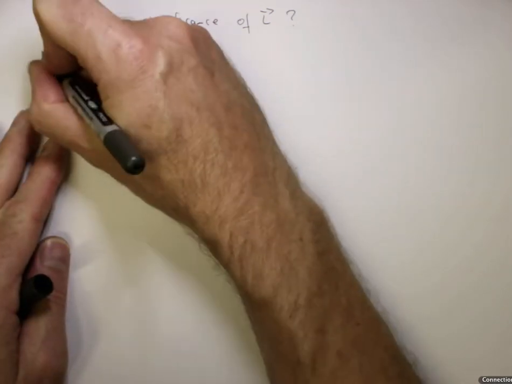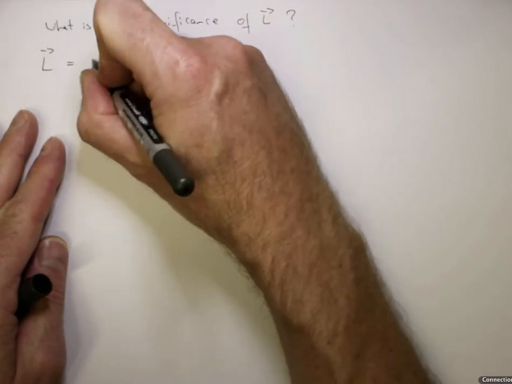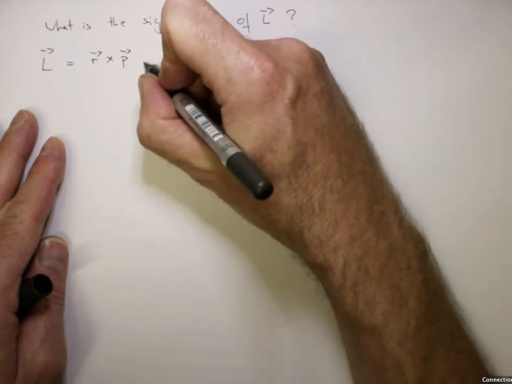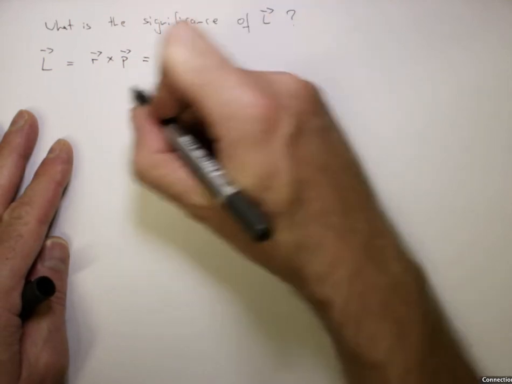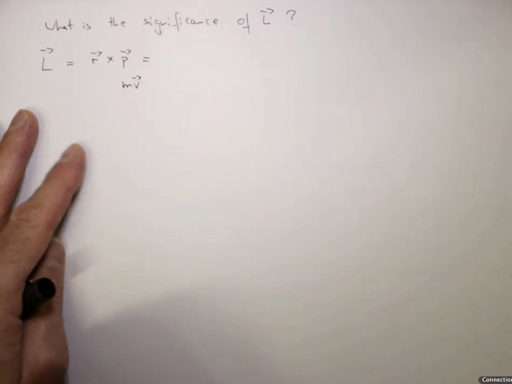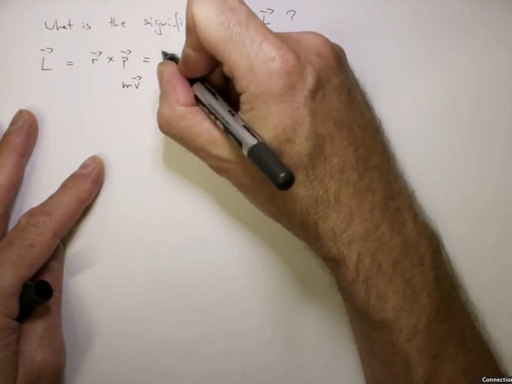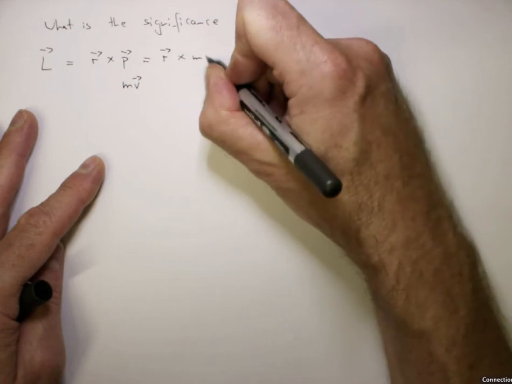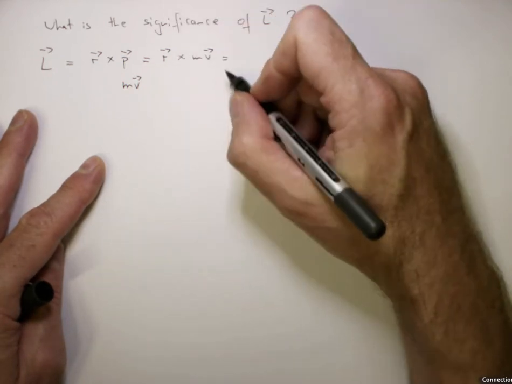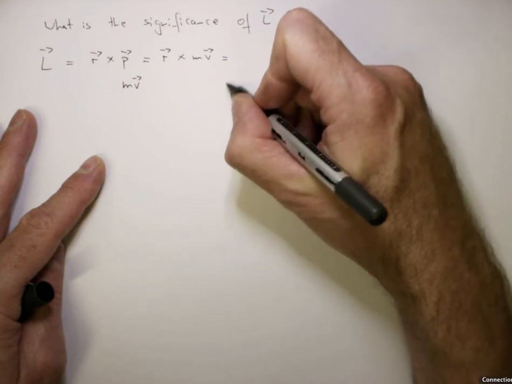So let's write again the definition: angular momentum is defined as r cross p, and we can now substitute for p, remembering what we've learned in linear mechanics. So we get r cross mass times velocity vector, and now we do another mathematics trick.